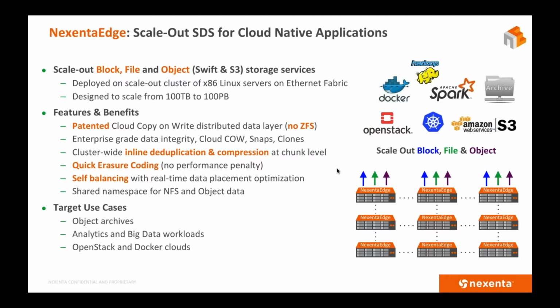Out of this cluster, we can guarantee data resilience, redundancy across disks, servers, racks, and so forth. And we share storage out through block, file, or object. Block storage through iSCSI, we share NFS file storage today, and we share object through S3 and Swift.